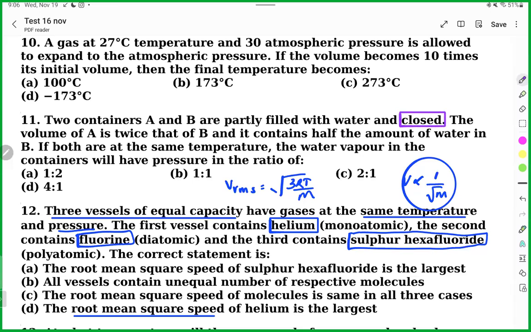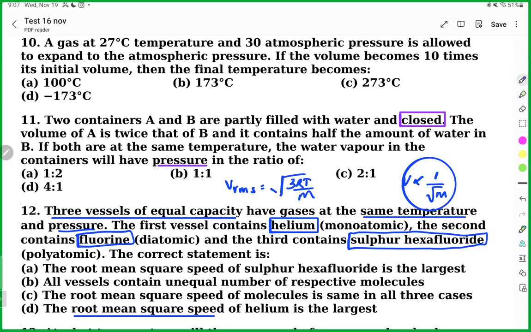Same temperature, so what? Water vapors will not go if the container is closed. Yes, water vapor will be present in the same container. Their pressure will be same. If the container is open and you take more volume, they will be responsible for more vapor formation.